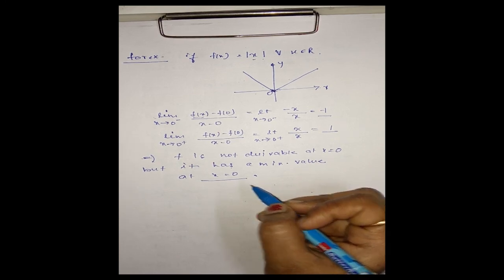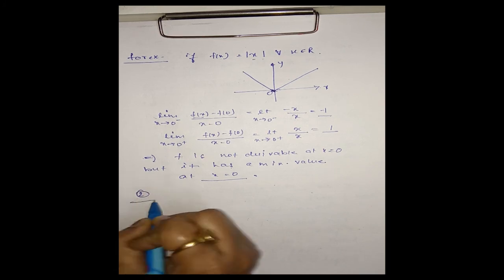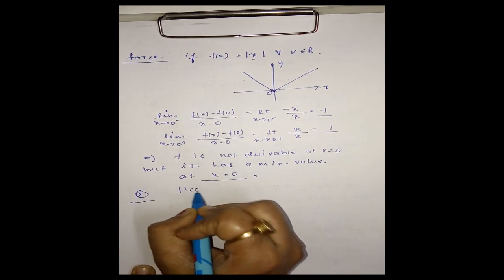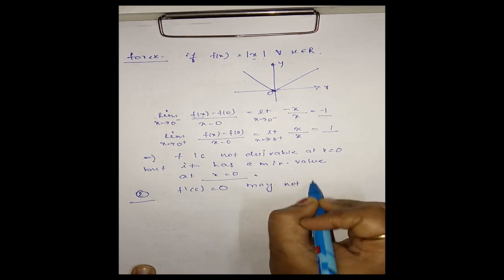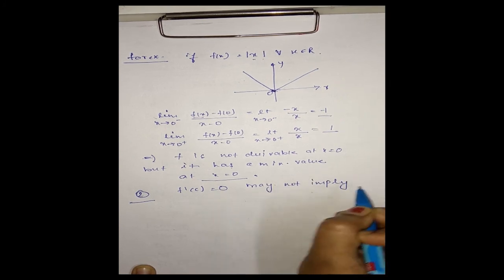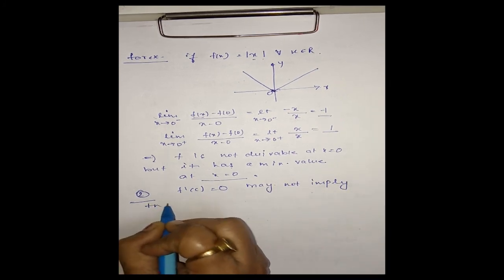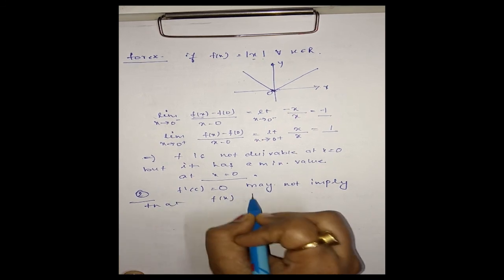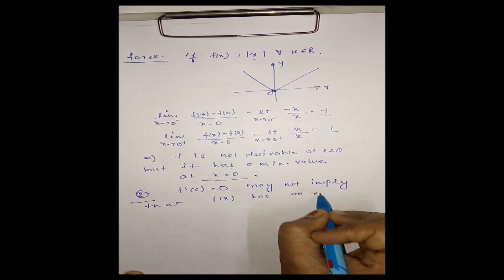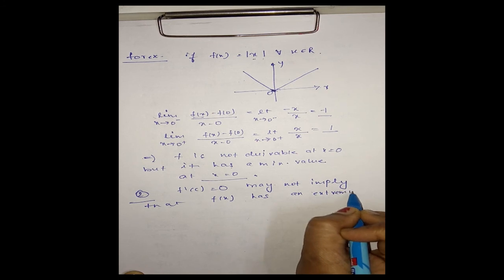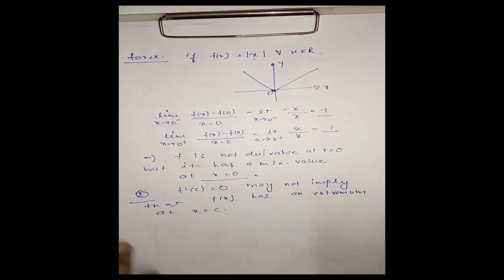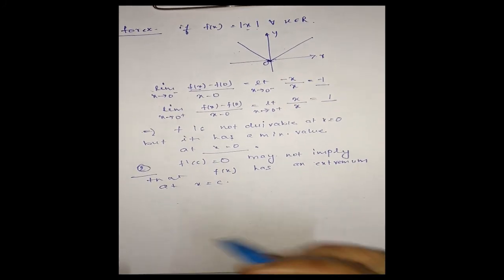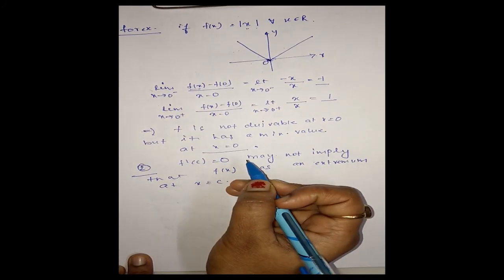Okay, second is f'(c) is equal to 0 may not imply that f(x) has an extremum at x is equal to c. Okay, this was the second condition. First was f is derivable.